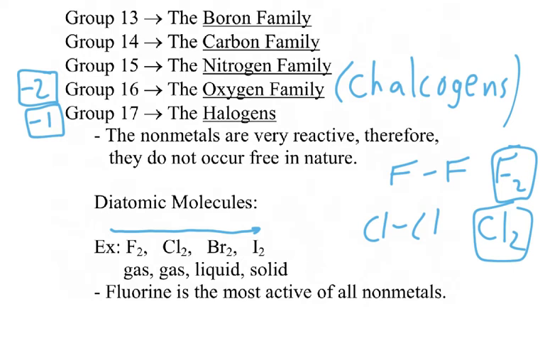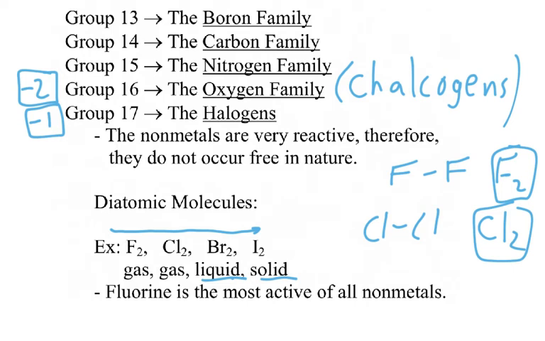Now, fluorine at room temperature is a gas, and so is chlorine. Bromine is actually a liquid at room temperature, and iodine is a solid. So of this group, known as the halogens, fluorine is the most active of all of them. And what they all have in common is that they like to gain an electron. That's why they're -1 in charge.